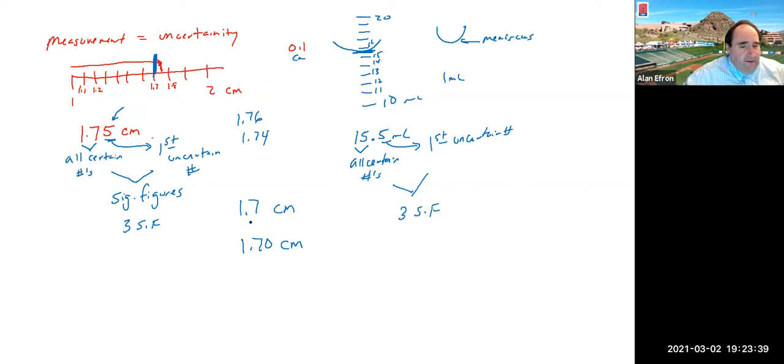When we look at this guy, this would imply that there are 2 significant figures, with the 1 being the certain number, the 7 being the uncertain number. And what that means is that if you recorded 1.7 thinking the 0 is not that important, what you are saying is this measurement is like 1.7, but it could be 1.8 or it could be 1.6.